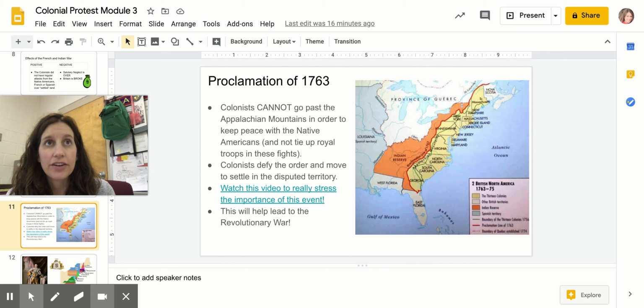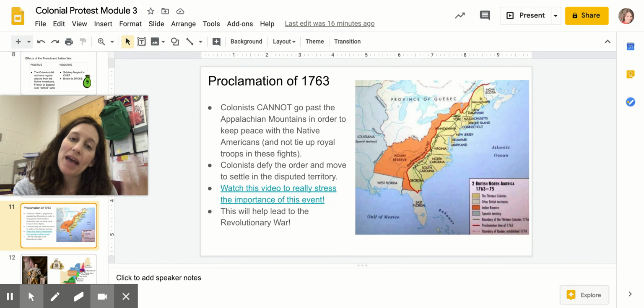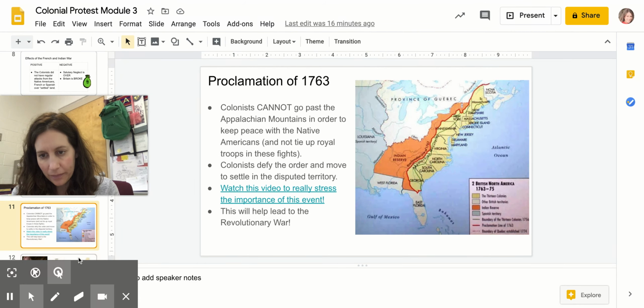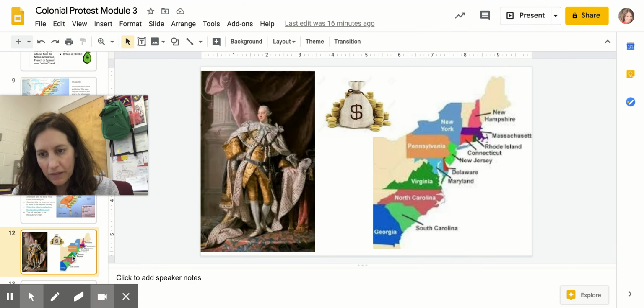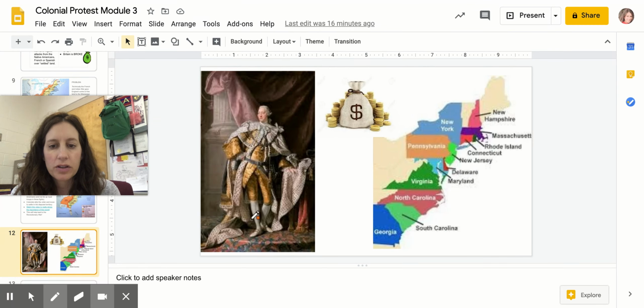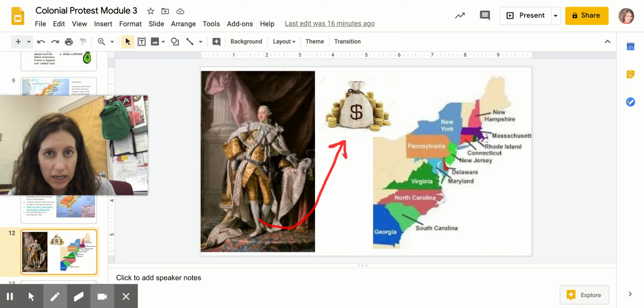Guess what a lot of colonists do anyway? They cross that line and they go settle and they get in fights with the Native American population that is there. And when the king is mad about that, it's going to help lead to the Revolutionary War. So, the big fact I want to leave you with today. Here's your King George III of England. King George III of England is now broke. He is broke because of the French and Indian War.